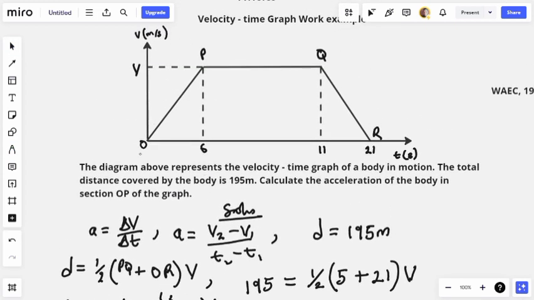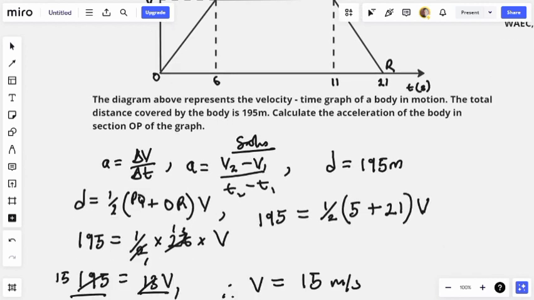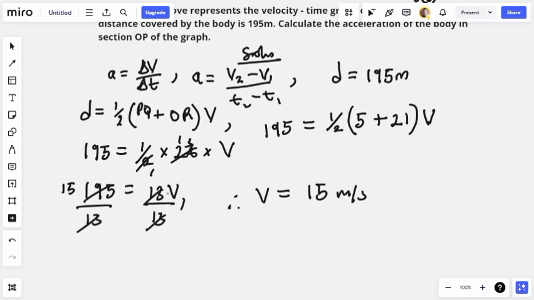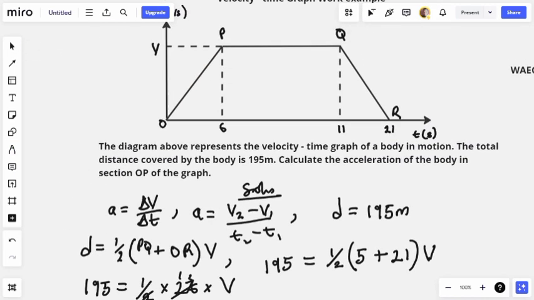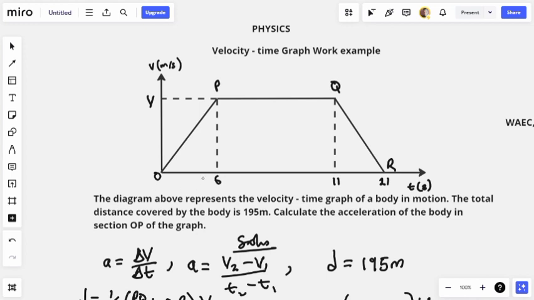So our acceleration A, which is change in V over change in T. Our change in V is our maximum V, 15 minus 0, while our T is 6 minus 0.